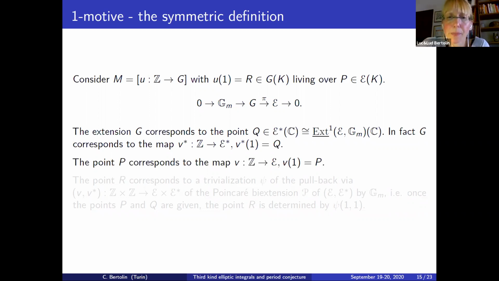To have the point P is the same thing as to have an arrow v from Z to E, so that v of 1 is P.